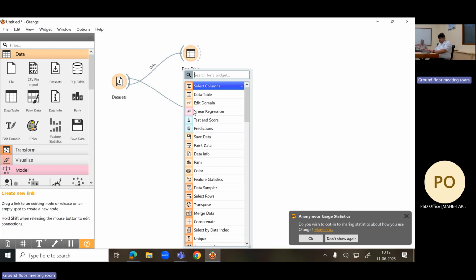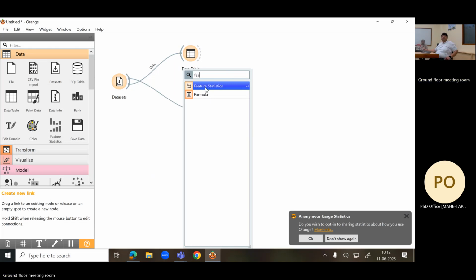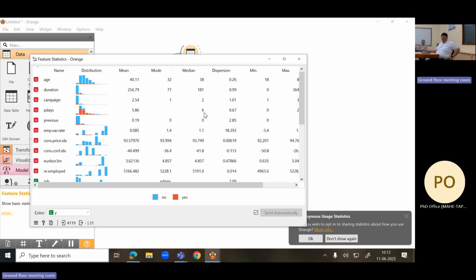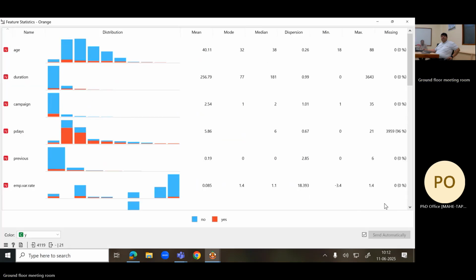Just go to feature statistics, and there you will find the missing values section, so you can identify which columns have missing values.